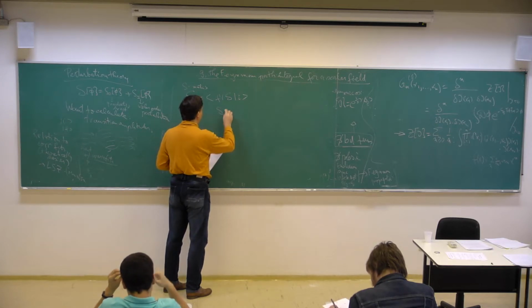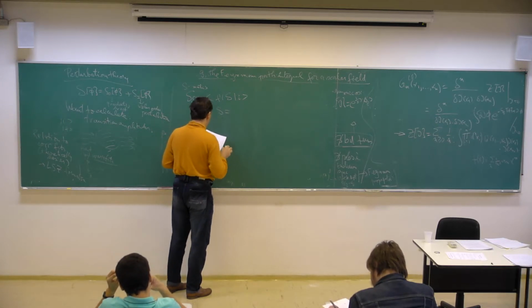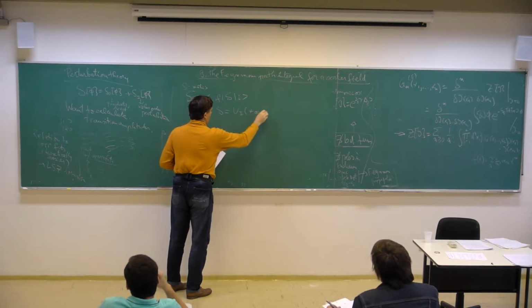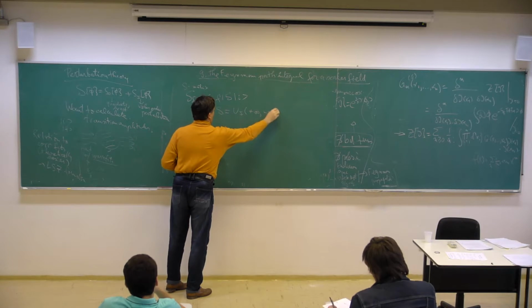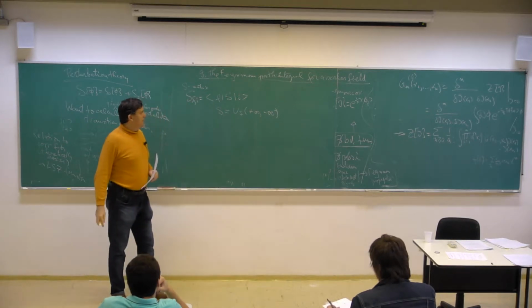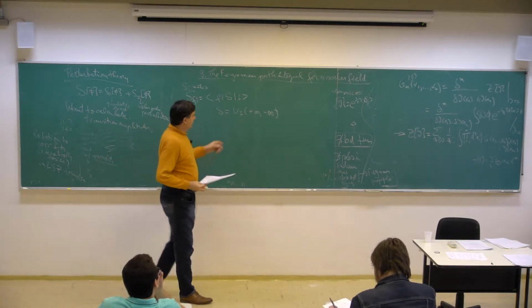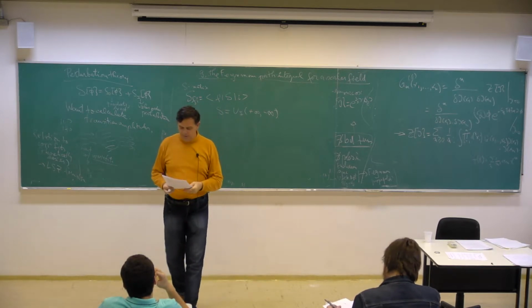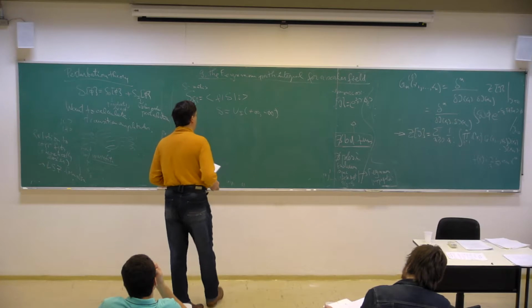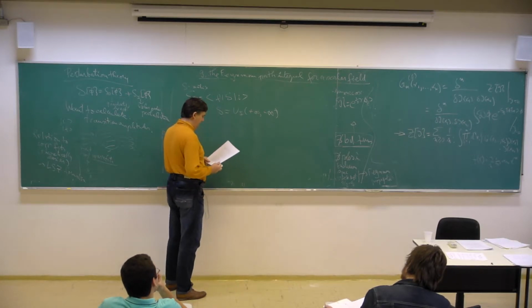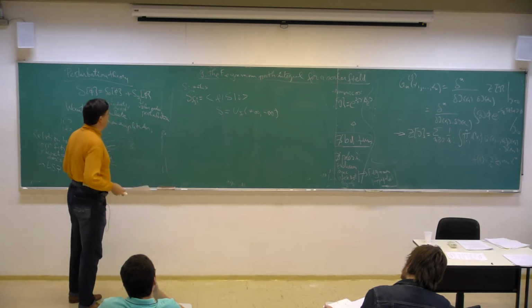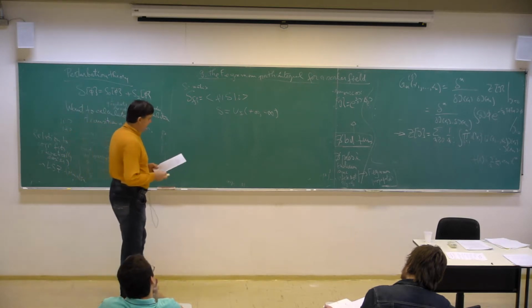And so this S amounts basically to an interaction picture evolution operator between minus infinity and plus infinity. But so this is something that we want to calculate.